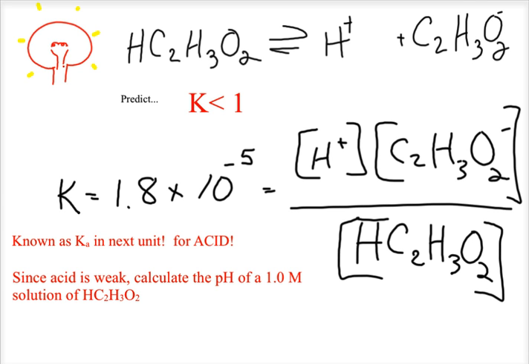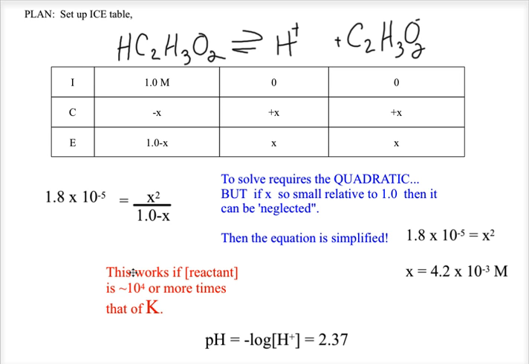If we go and set up the problem, it does look like it's going to require the use of the quadratic equation again. However, because the acid is such a weak acid, the value of x relative to 1.0 is small. So in terms of sig figs, once you calculate x and subtract it from 1.0, you've still got 1.0 again.